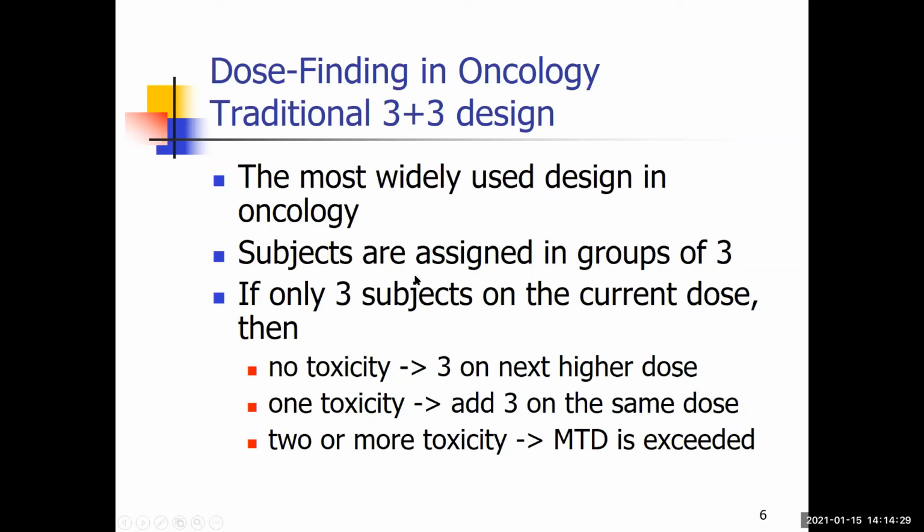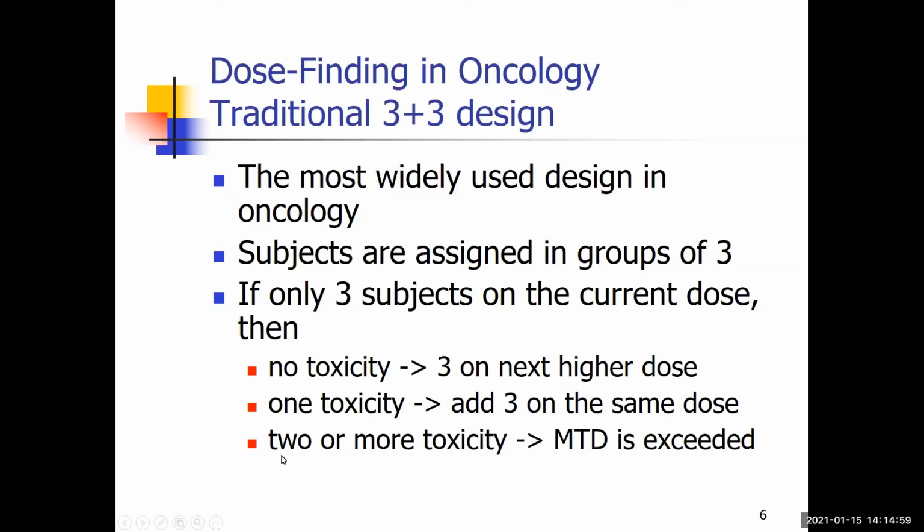Subjects are assigned in groups of 3 subjects, 3 per cohort. If there are only 3 subjects on the current dose and you did not observe any DLT, then you escalate with another cohort of 3 subjects on the higher dose. If there's 1 toxicity, you add 3 on the same dose.